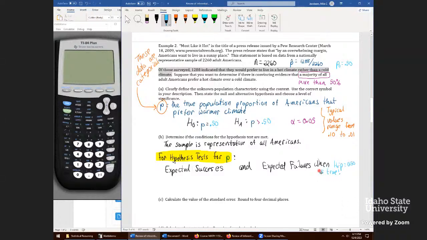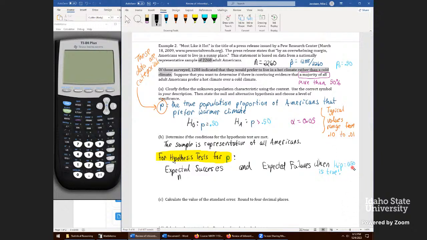So hypothesis testing is really odd on the conditions. We're actually not concerned with 1288 as the amount of successes in the sample. We want to know how many successes would we expect before we even collect any data at all. So the conditions failing or succeeding has nothing to do with the original data. It only depends on your sample size and the statement in your null hypothesis.